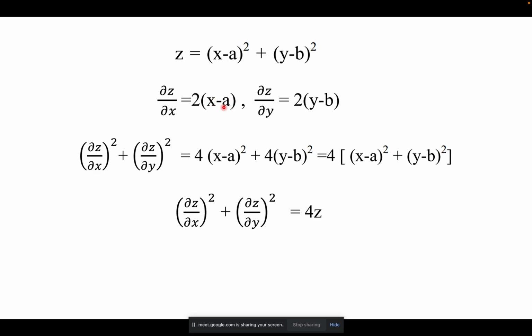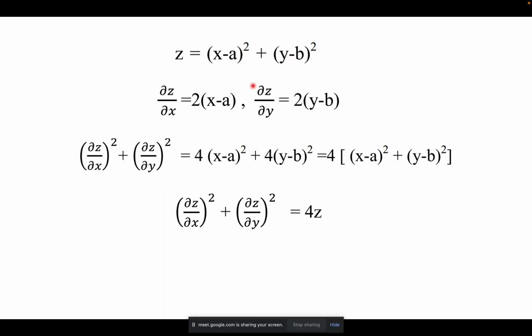As shown here. Similarly, you can ask what is the partial derivative of z with respect to y. Again, here is a whole square involving a function of y, so you will have 2 times y minus b when you differentiate it with respect to y, right? Now in the given equation you have x minus a whole square plus y minus b whole square.